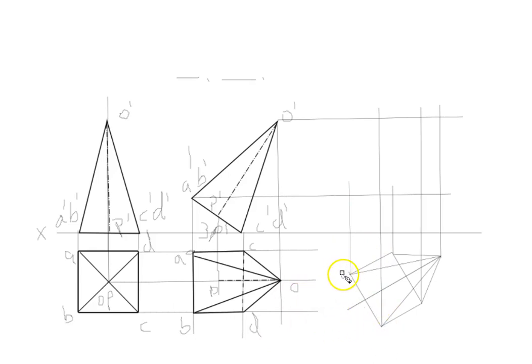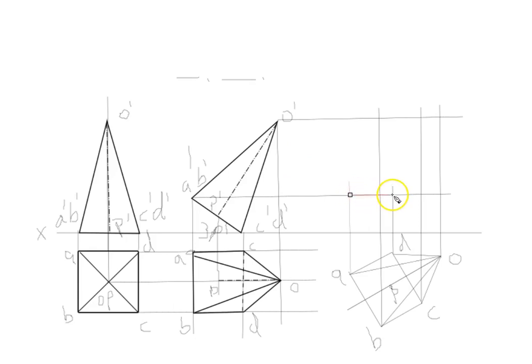So let's start marking the points. This is A, this is B, this is C, this is D, and this is O, and probably this is point B. And now this is A and this is B. So you can start drawing like that.